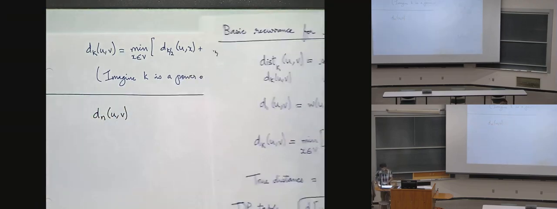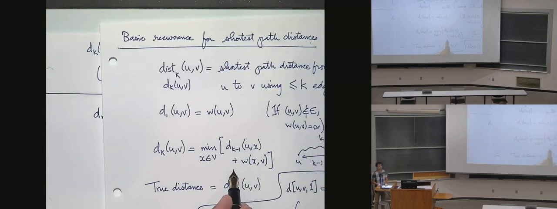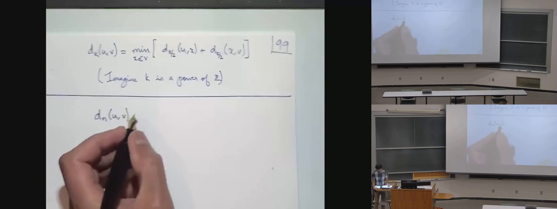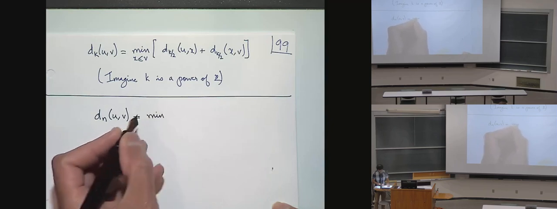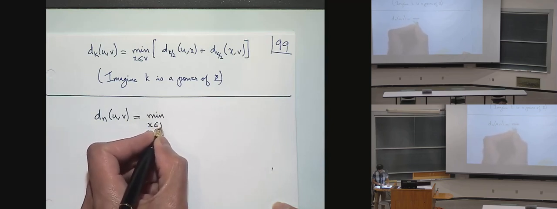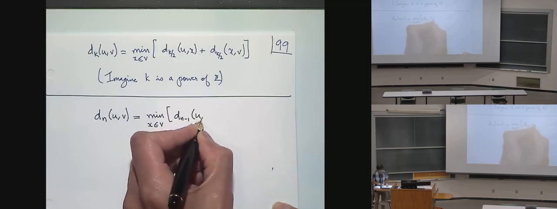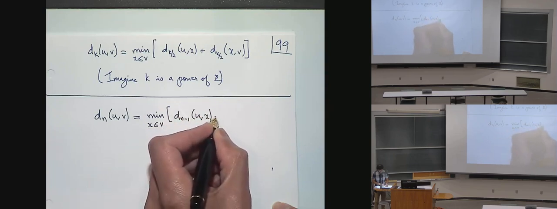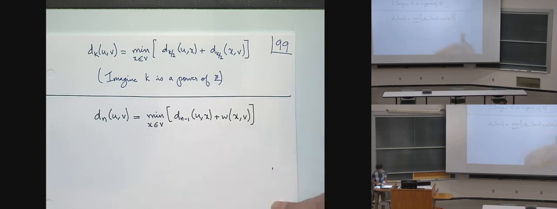If I follow this recurrence here, d_n of uv is the min over x in V of d_{n-1} of ux plus w xv.